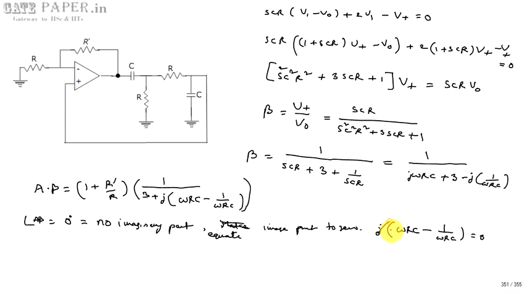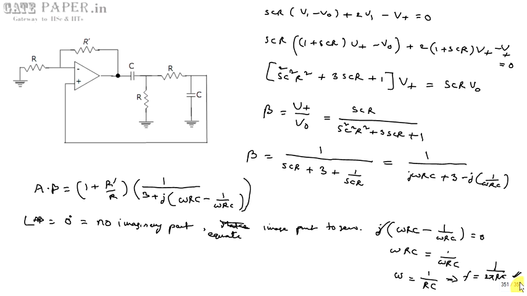So J will go that side, and omega RC is equal to 1 by omega RC. From this, omega square R square C square is 1, so omega is equal to 1 by RC. So f is equal to 1 by 2 pi RC. This is the frequency of oscillations generated by this circuit, which we always get from the phase criterion.